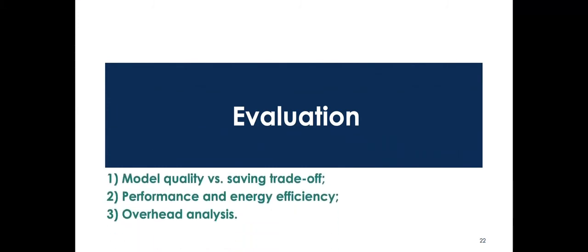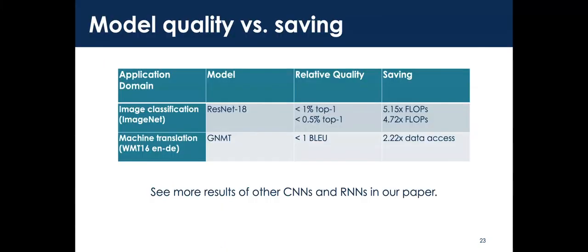With that, let's go over some key evaluation metrics. First, we will see the trade-off between quality and saving, and then we will show the performance improvement and energy efficiency. Last, we will give the overhead analysis of the dual module architecture. Here, we show the key results of ResNet-18 and GNMT on image classification and machine translation, respectively.